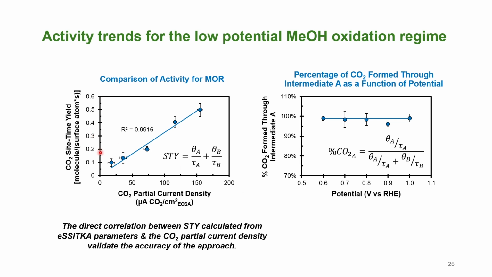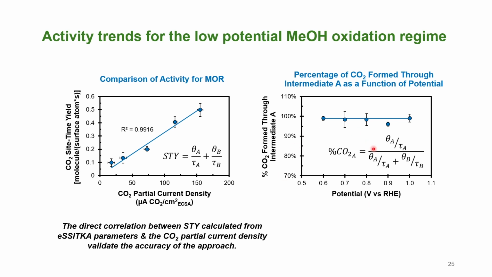Essentially, we're plotting two measures of intrinsic activity, this site time yield measurement and the normalization by the ECSA, and we see the direct correlation between the two independent variables. This finding really validates our experimental ESITCA approach, that these two measures of intrinsic activity correspond very nicely with one another.